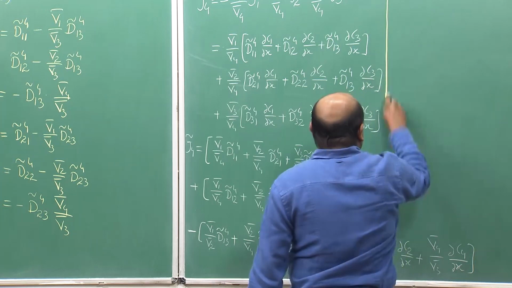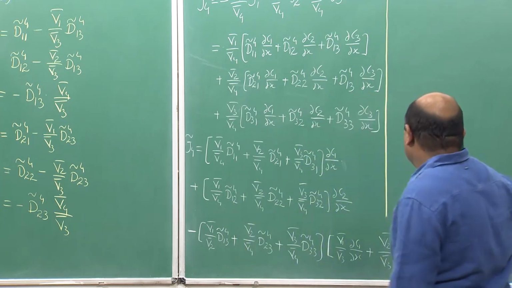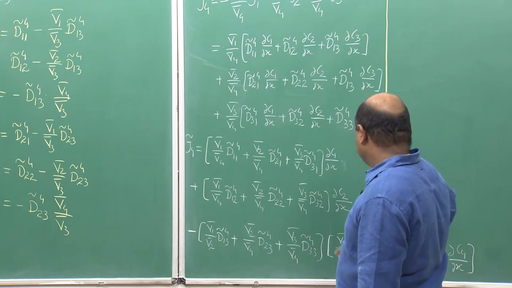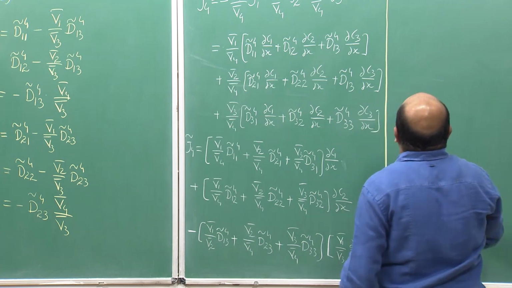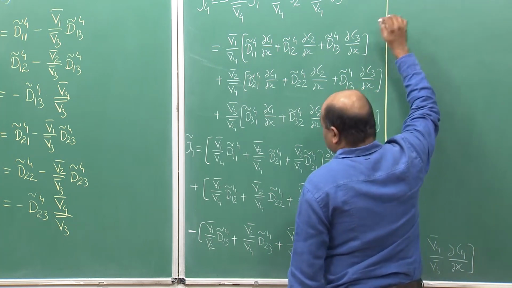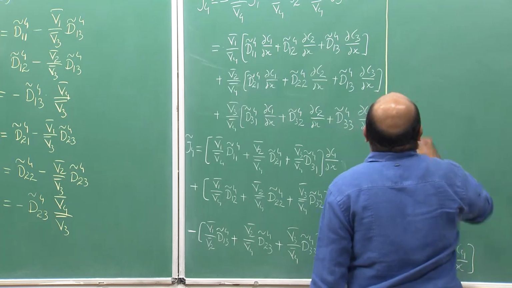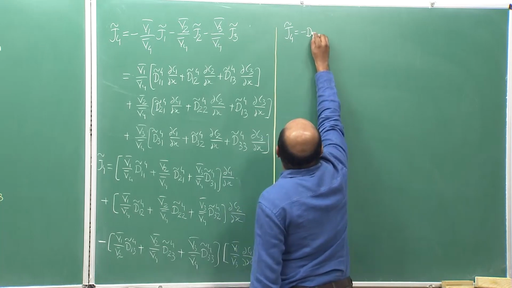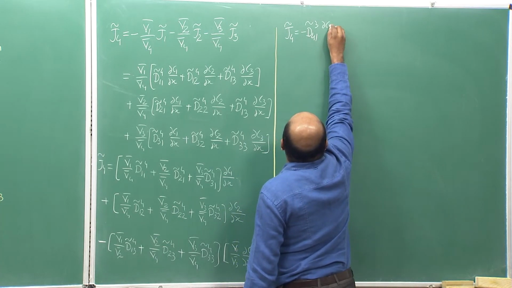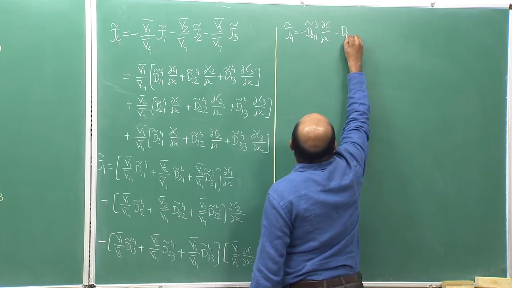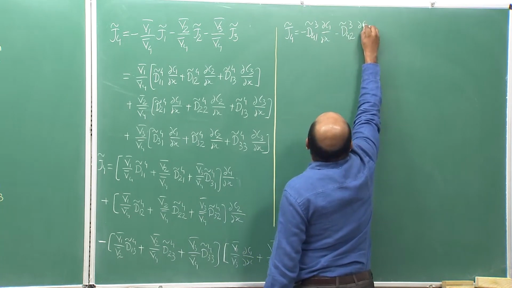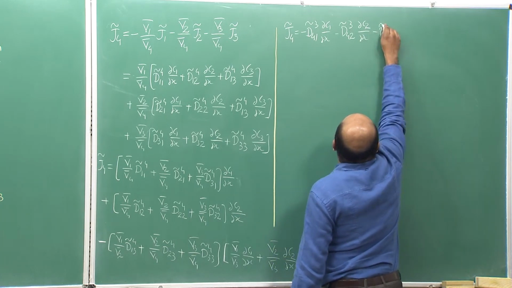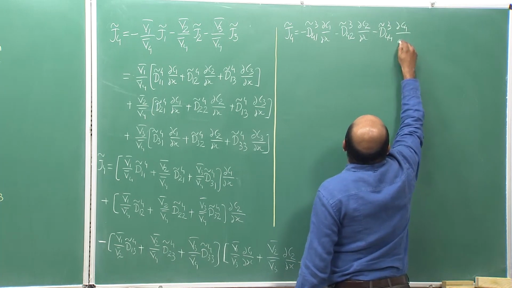So, if we write that, this is negative, and so we have to compare with, let us say, J4 tilde is equal to minus D41 tilde 3 dou C1 by dou x minus D42 tilde 3 dou C2 by dou x minus D44 tilde 3 dou C4 by dou x.